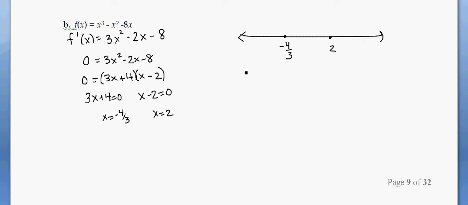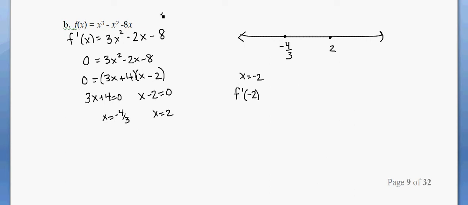So we want to pick a point somewhere in the interval between negative infinity and negative 4/3. Let's pick something like x equals negative 2. So I evaluate f prime at that value, and all I care about is the sign of it. Negative 2 squared would be a positive 4.